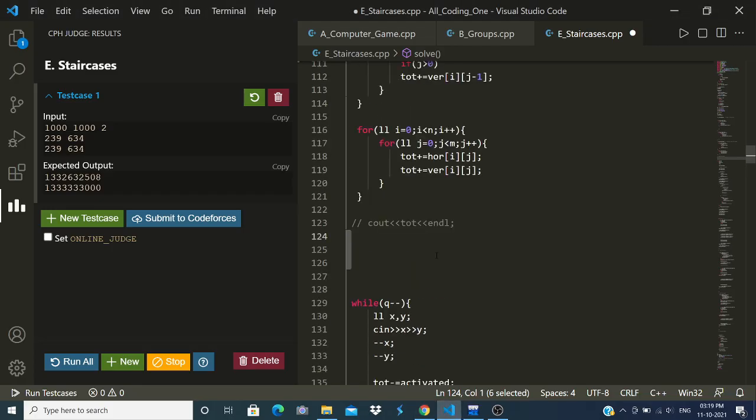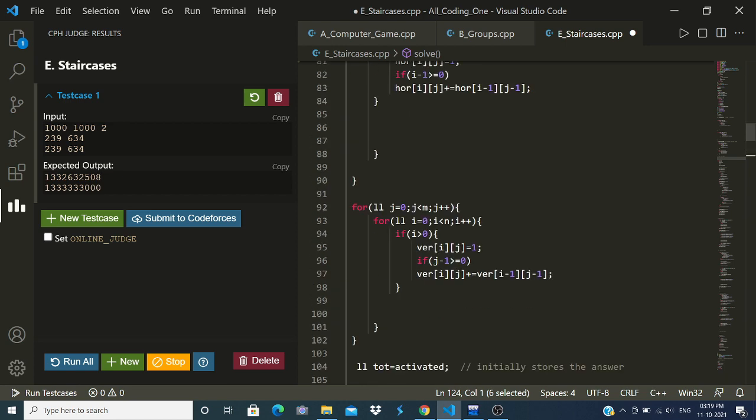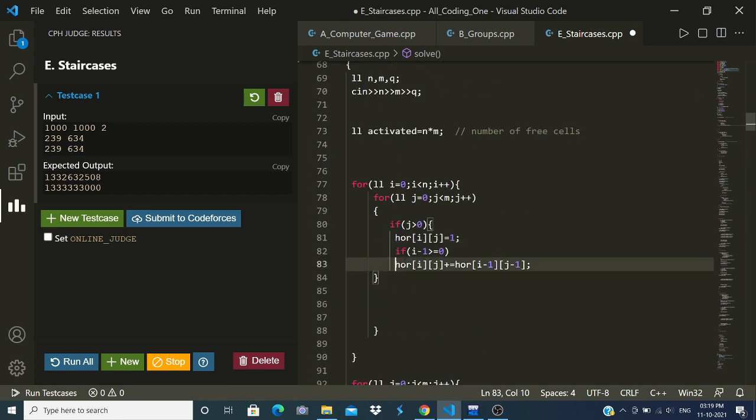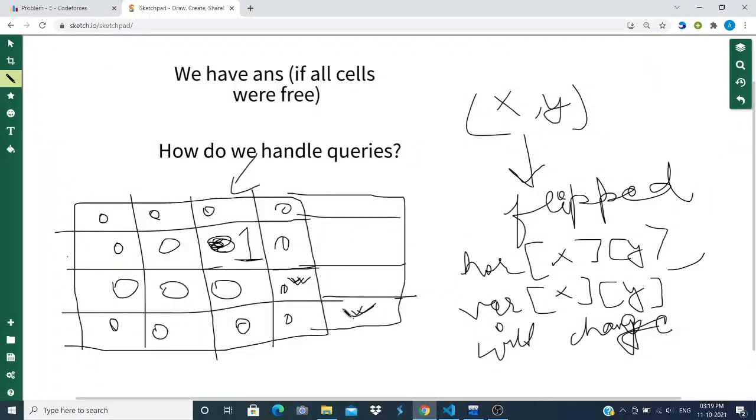Okay, because you remember this recursive formula, horizontal of ij is equal to 1 plus horizontal of i minus 1 j minus 1. So the value at index ij basically depends on the index i minus 1 j minus 1. So changing this value will actually impact the number of horizontal staircases at this value, and similarly it will just keep on changing, right?